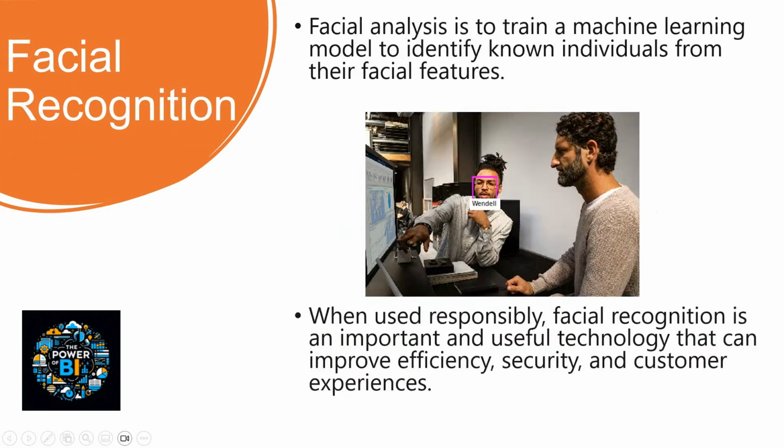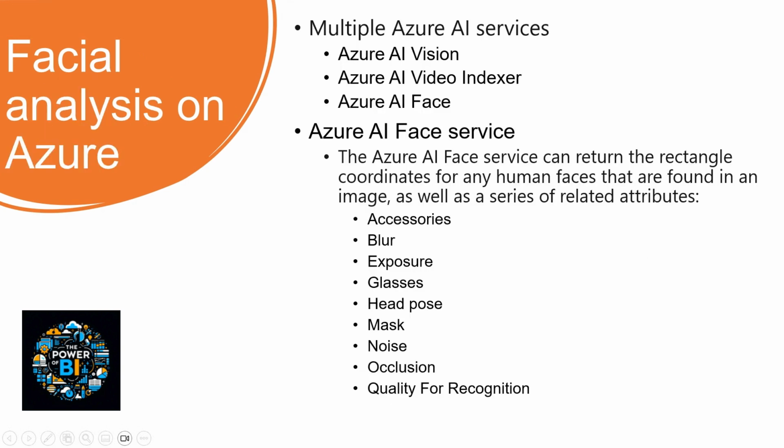A further application of face analysis is to train a machine learning model to identify known individuals from their facial features, which is a facial recognition system, using multiple images to train the model individually as well. When used responsibly, facial recognition is an important and useful technology that can improve efficiency, security, and customer experiences.